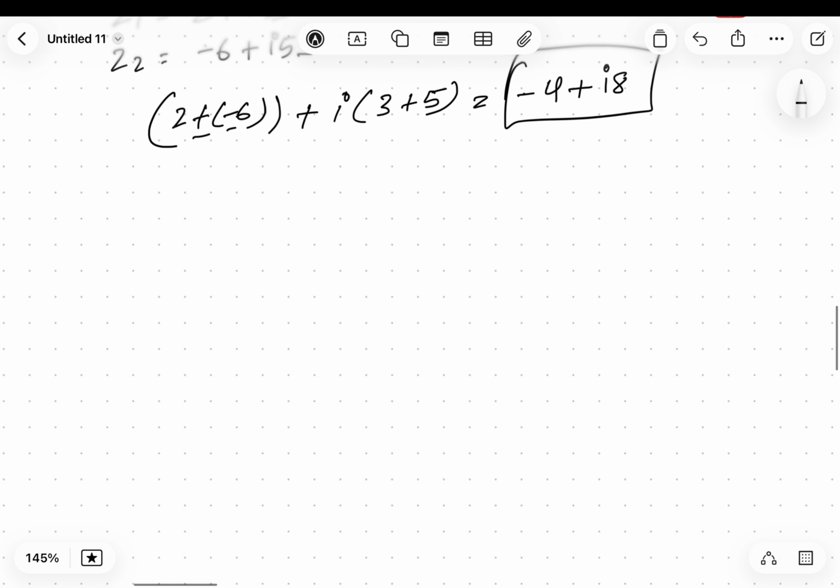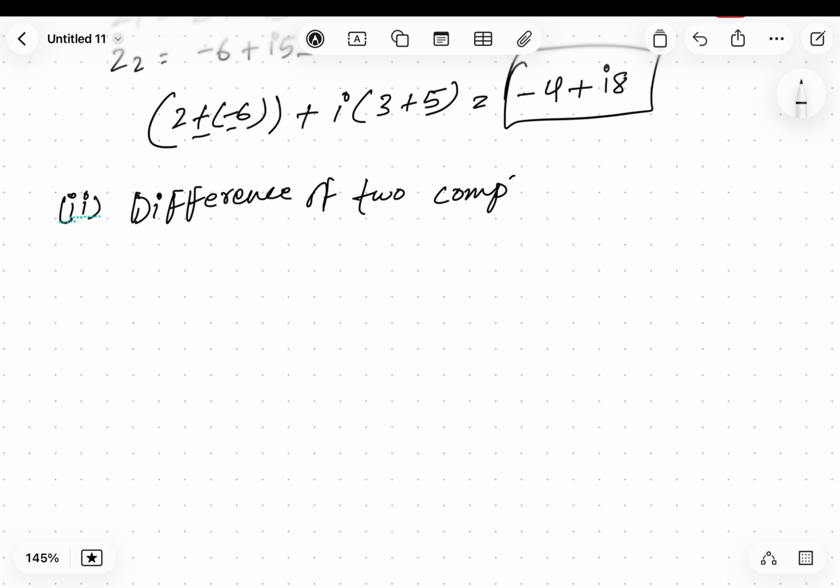Next, difference of two complex numbers.